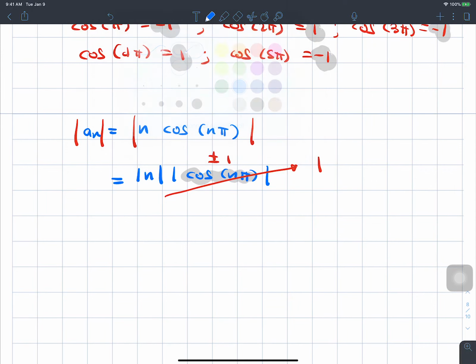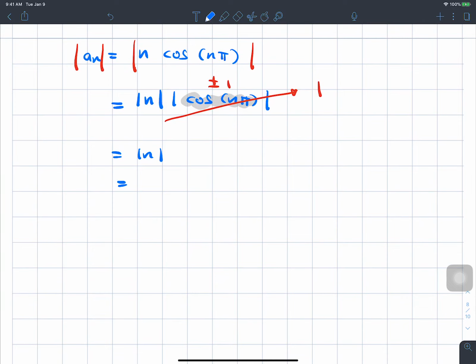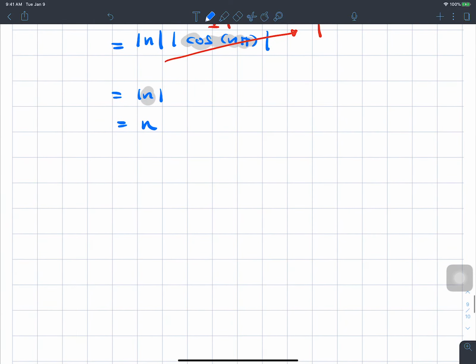And you'll end up now with the absolute value of n, but n are natural numbers. So this is just n. It's positive, right? Natural numbers are positive. What's between the absolute value signs there is positive. So that's just n. So what we're seeing is that the absolute value of an is n.